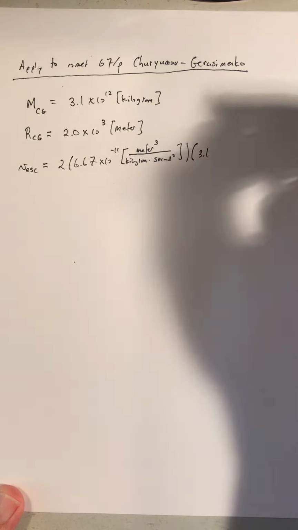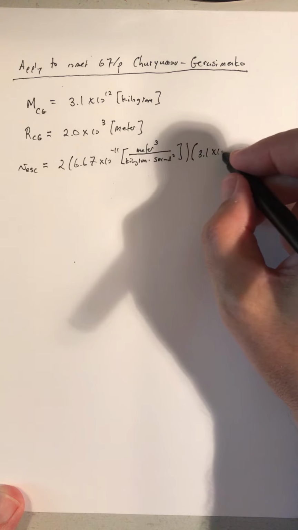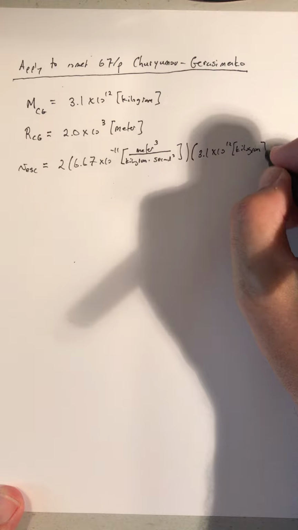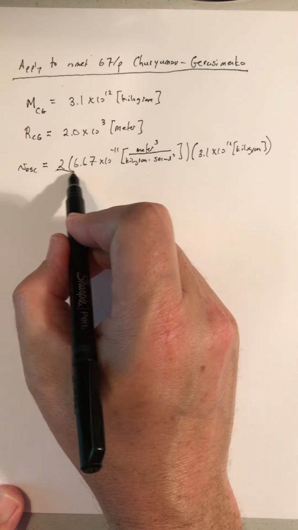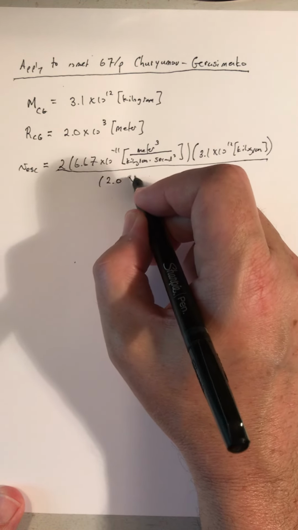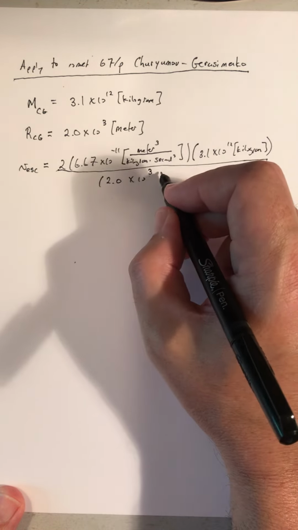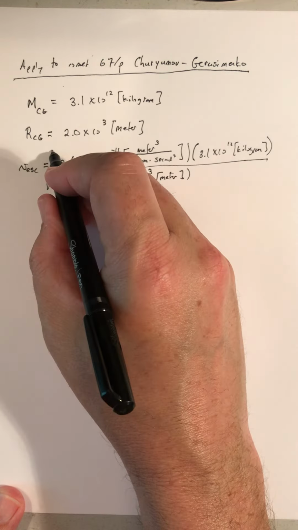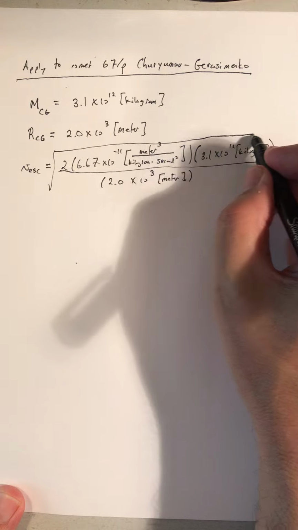Mass 3.1 times 10 to the 12th kilograms over the radius, 2 kilometers in meters, so 2.0 times 10 to the 3 meters. That's all under a radical.